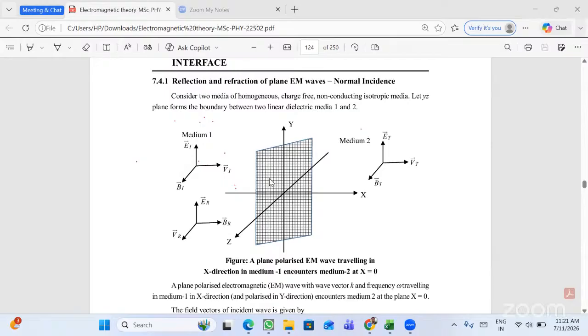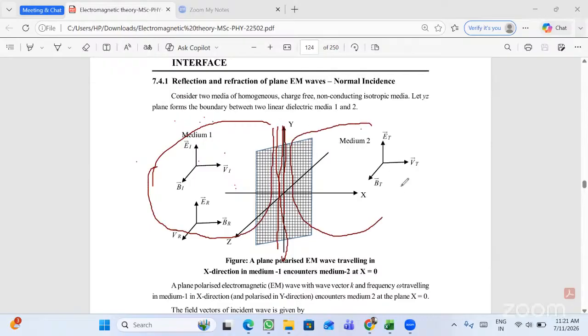So on the left-hand side of this, I'll show you, one minute. Here is how it has been divided. This is how we are separating the medium. This entire part is medium 1, and this entire part is medium 2. In medium 1, as I told, the electromagnetic wave is going to be incident, and it will be reflected back.